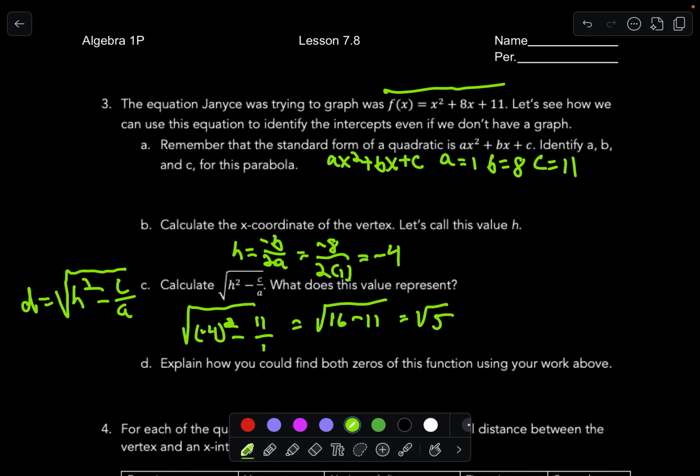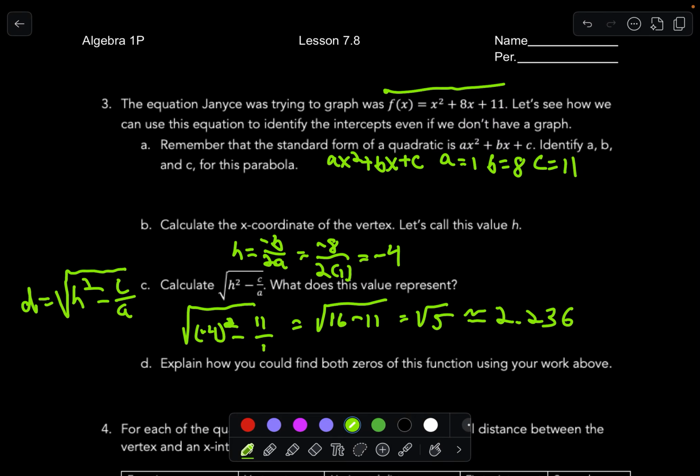And the square root of 5, numerically, using my handy-dandy calculator, is 2.236. It's an ugly decimal, but that's the gist of it, 2.236.